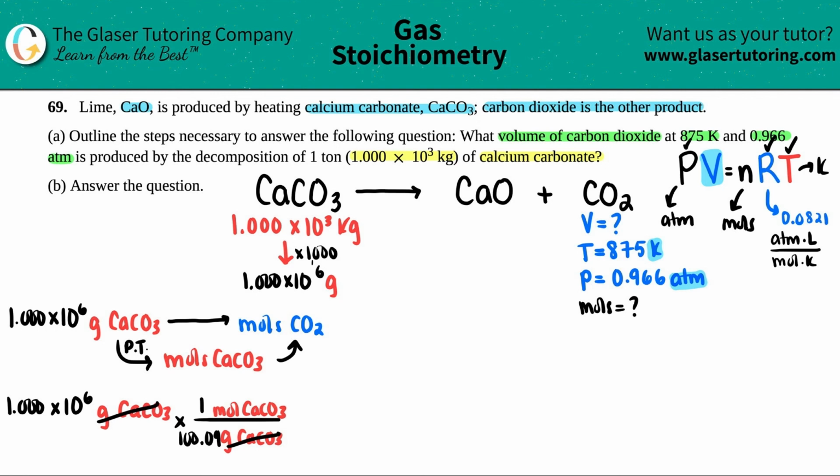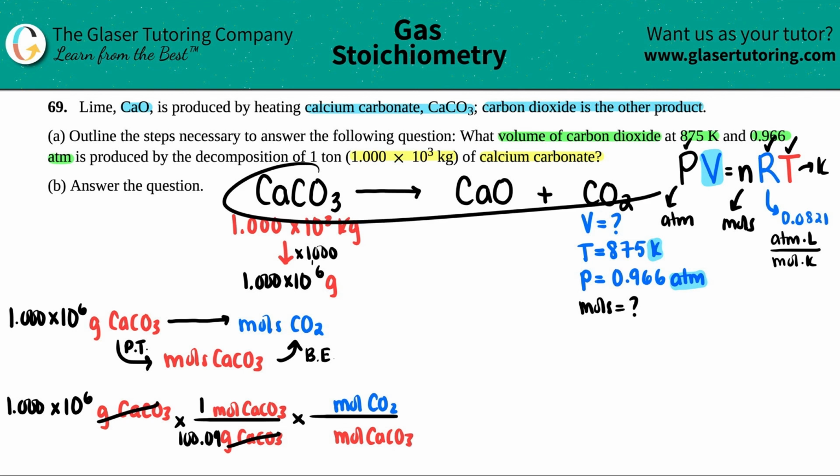We want moles of CO2, so just keep running with it. Times by the ratio. Do the same thing again. Mole of CaCO3 goes on the bottom now. And now moles of the CO2 goes on the top, right? And a mole to mole conversion of different compounds, that's always the balanced equation. So go back to your balanced equation.